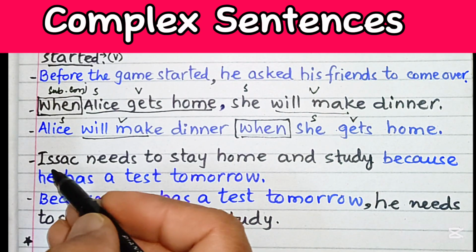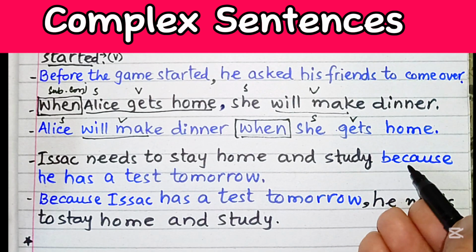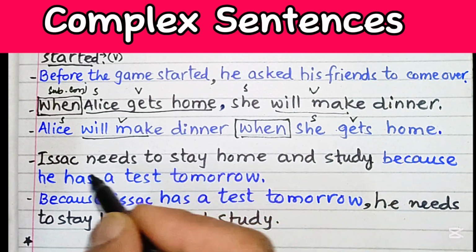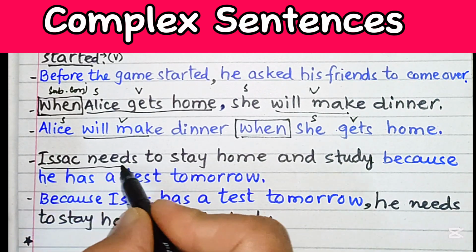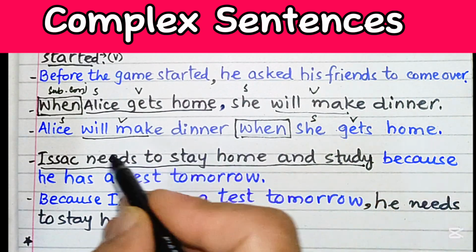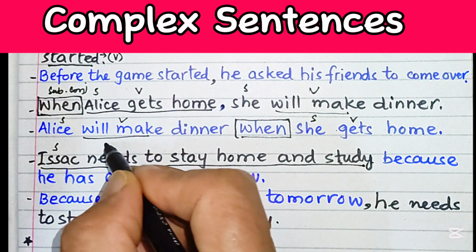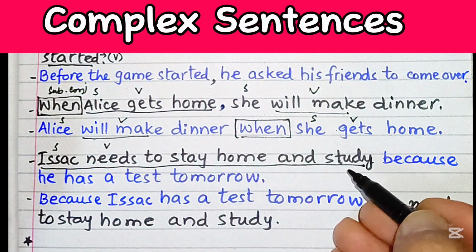Let's take another example. "Isaac needs to stay home and study because he has a test tomorrow." From here to here, it's an independent clause. Over here, Isaac is subject, needs is a verb.